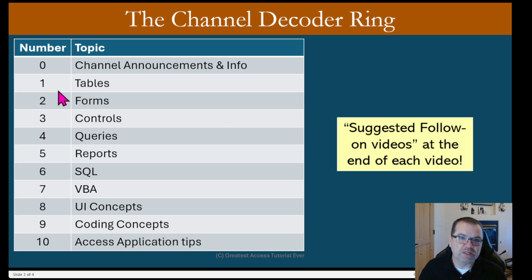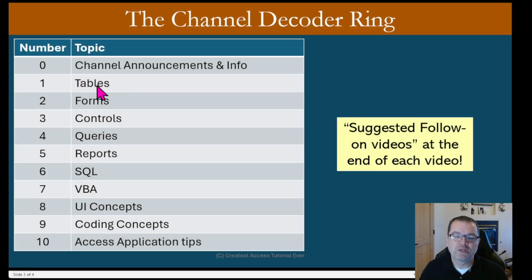Now, sometimes the videos will follow along with one another. Sometimes just after episode 1, you'll need to go to episode 2, and sometimes it'll skip around. But don't worry, you won't get lost, because I'll have a suggested follow-on video at the end of that video. And I'll also have it linked in the description.